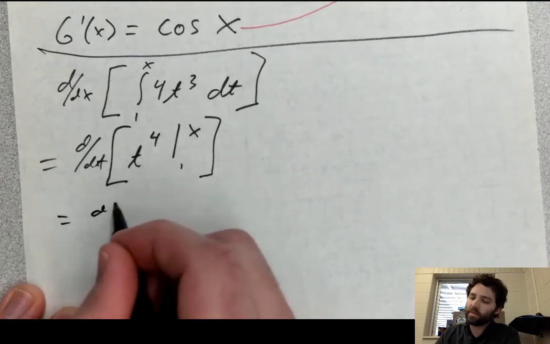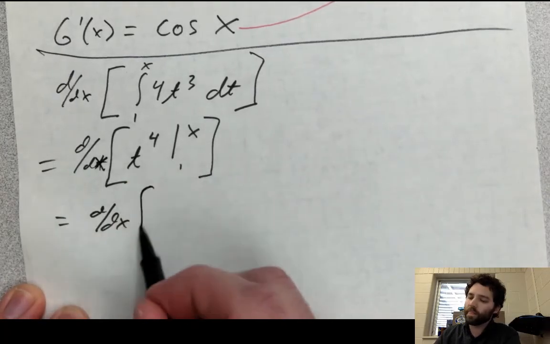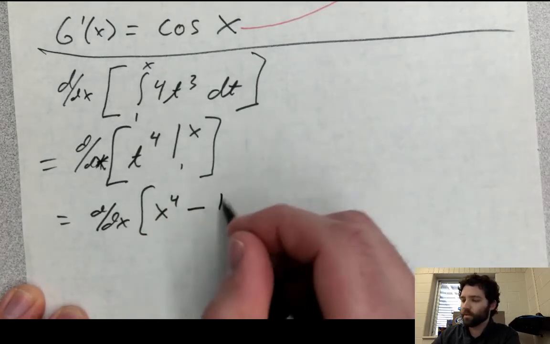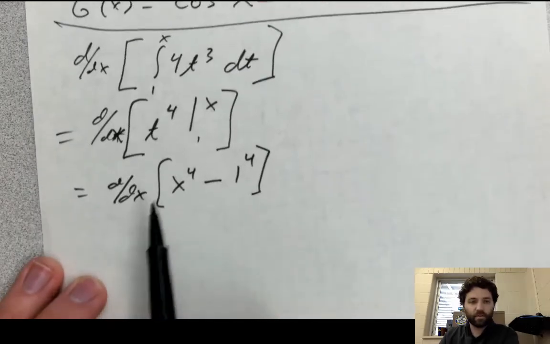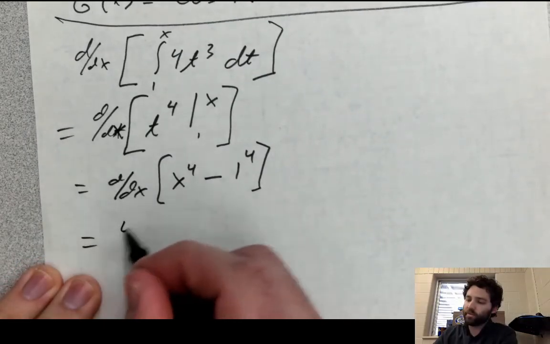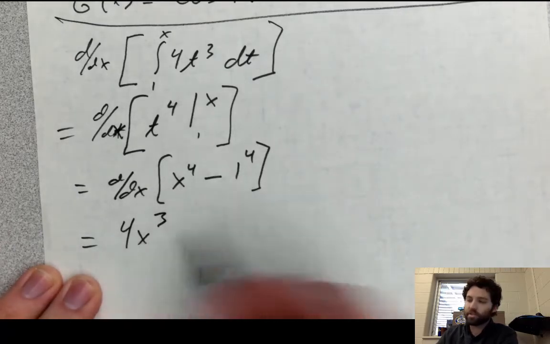And then that would be d dx of x to the 4th minus 1 to the 4th. And when you differentiate this, you will get 4x cubed. Derivative of 1 is 0, so you just get 4x cubed.